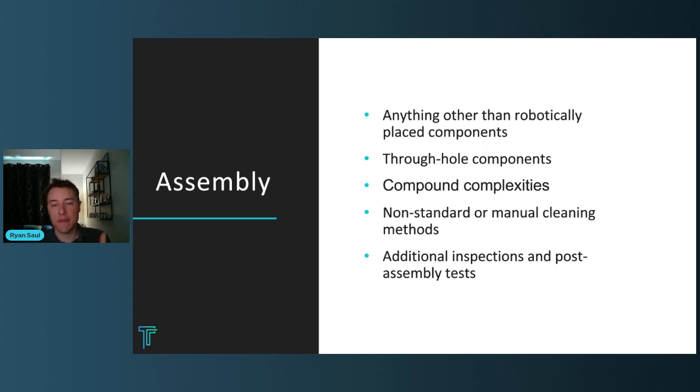This is because robotic assembly is incredibly efficient, and the same is not the case for through-hole assembly. It can still be robotic soldering, but it's very unlikely to be robotic placement, which means some person is going to physically put that part in its place. The most common example we see of customers getting this wrong is with through-hole test points. There's good reasons to have through-hole parts in your board.